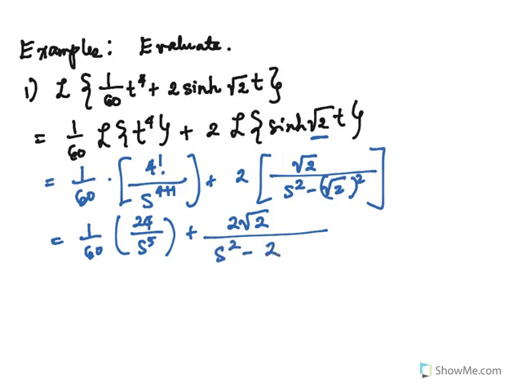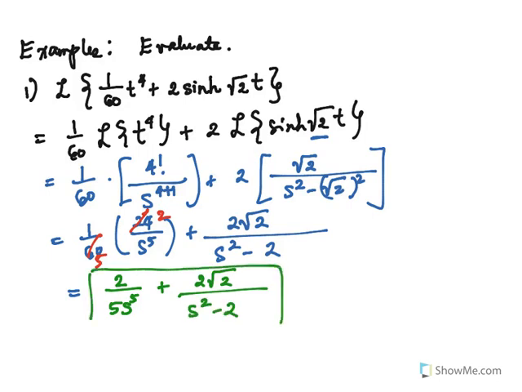But 24 over 60 is just 2 over 5, so you can simplify this. So this one becomes 2 over 5 s to the 5 plus 2 square root of 2 over s squared minus 2.